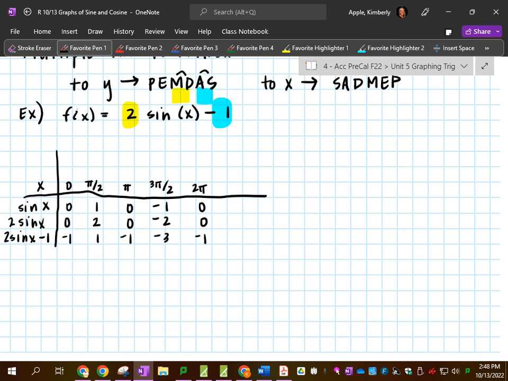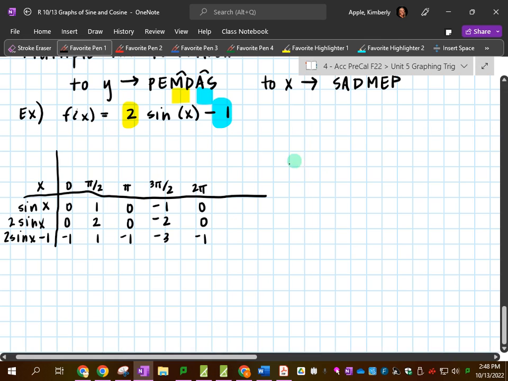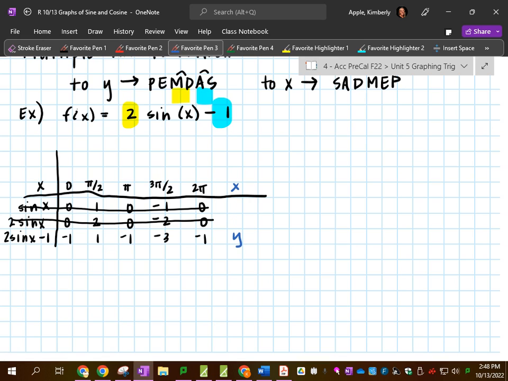That's why it's important to know whether you are changing x's, which is inside the parentheses, which is B and C, or outside, which is A and D, because it's going to happen differently. So these are no longer valid. These are my x's and these are my y's. And then you'll just plot it, and you will have stretched vertically to an amplitude of 2, and you would have shifted down 1.